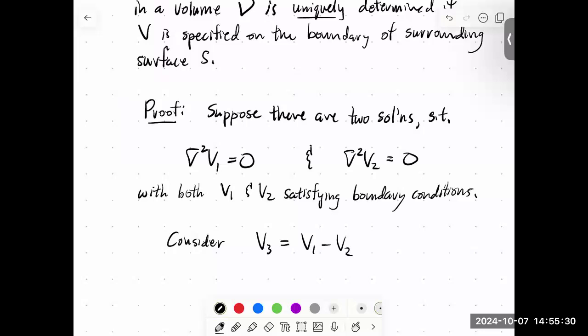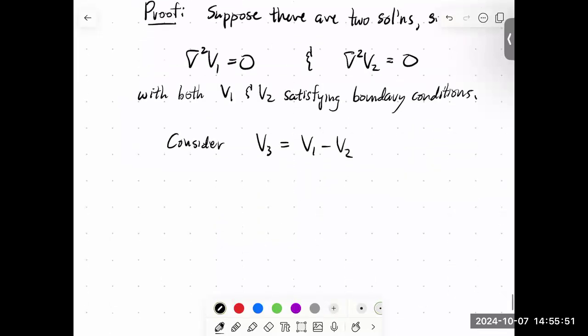Well, what does that mean? So what are the values of V3 going to be on the boundary then? If V1 and V2 both satisfy the boundary conditions, that means they're equal everywhere on the boundary. So what's that difference equal to? 0. So this must have the value of V3 equals 0 on the boundary. Okay, so this implies that V3 is 0 everywhere on the boundary.